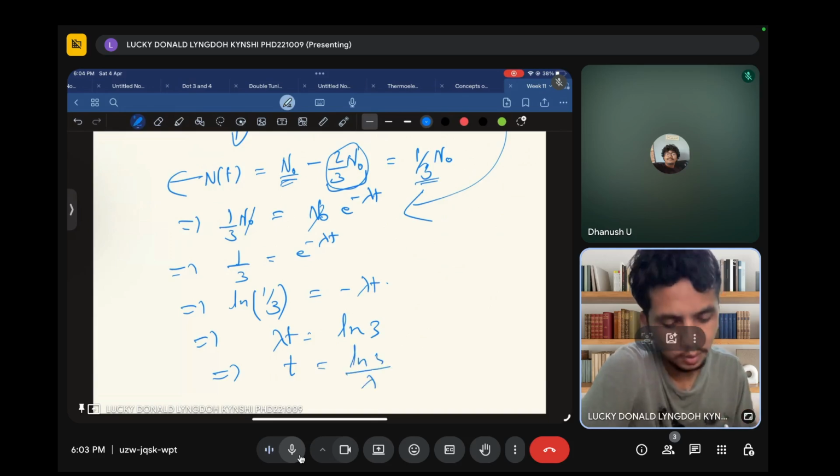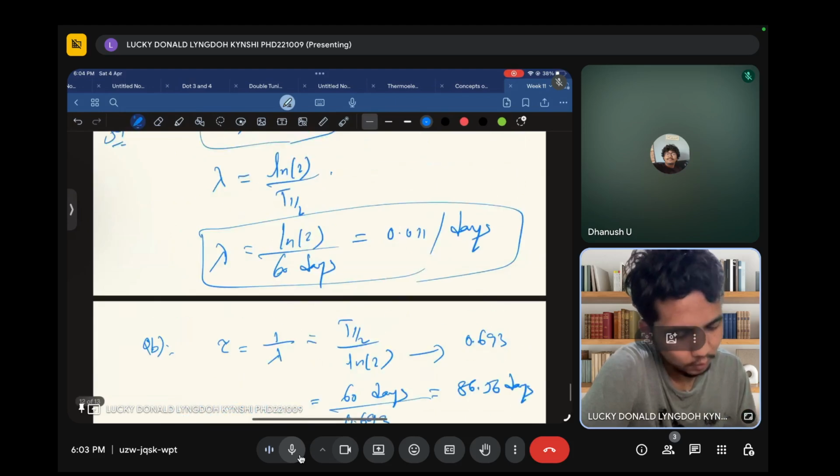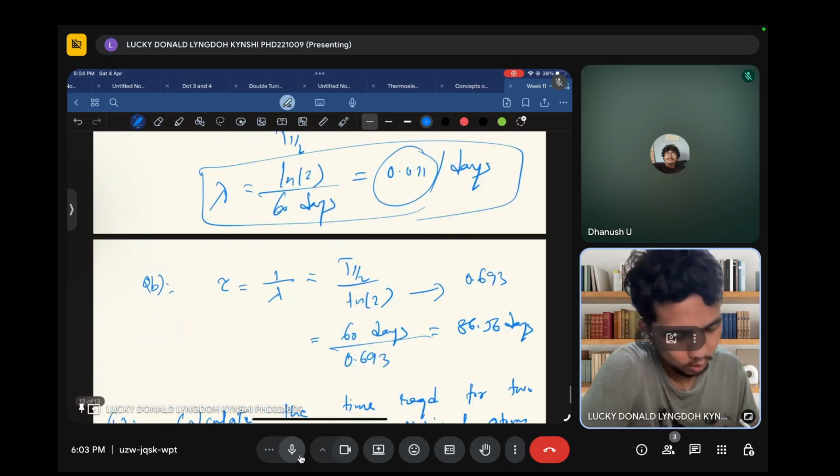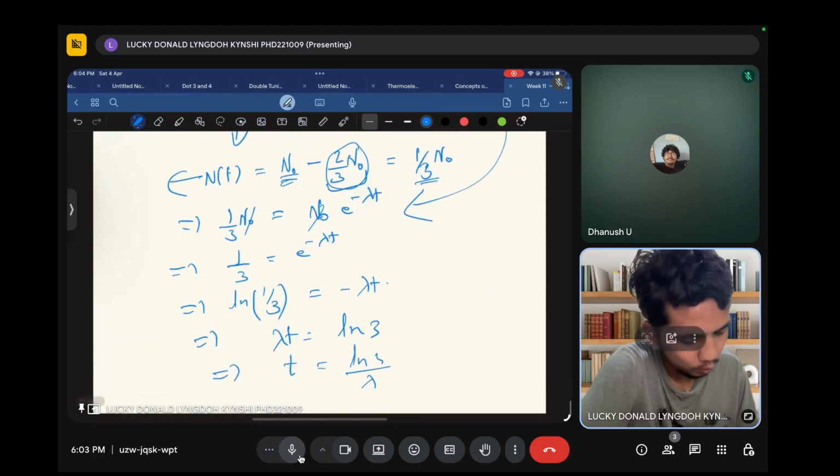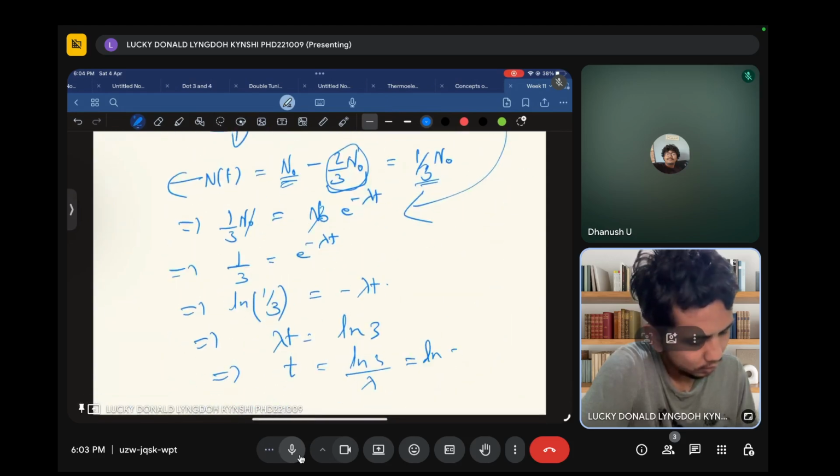And how do you get lambda? Lambda can be calculated from here as 0.011. So time equals ln of 3 divided by 0.011 per day, which is 95.09 days.